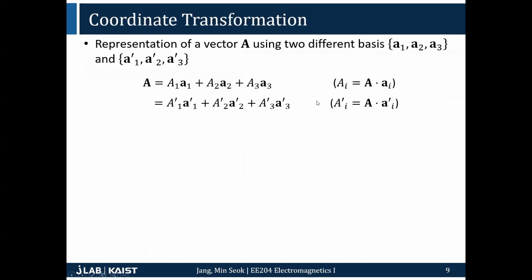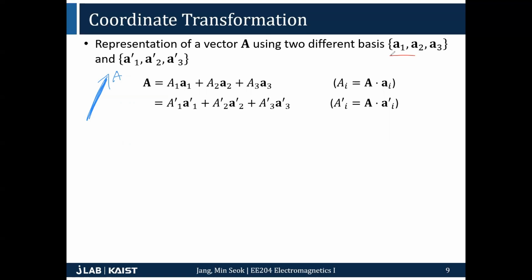Okay, so now I'm going to talk about the transformation between two coordinates. Let's say you have a vector A. Let's say this is your vector A. And then you have two coordinate systems.